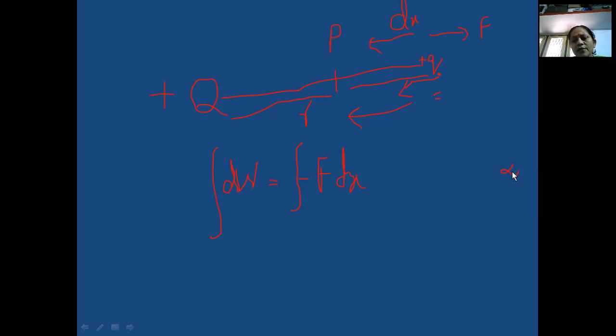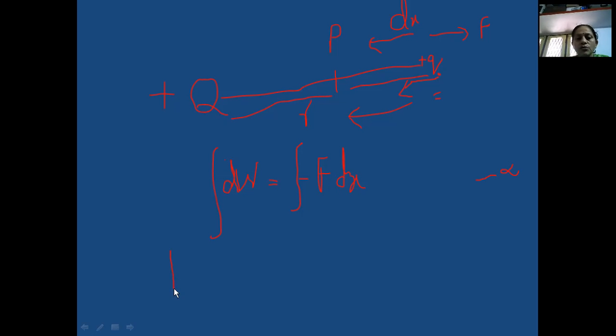At that point we can consider the potential to be 0. So at infinity we consider potential energy to be 0. The amount of work done in bringing a test charge from infinity to a point is called the potential energy of this charge at that point.